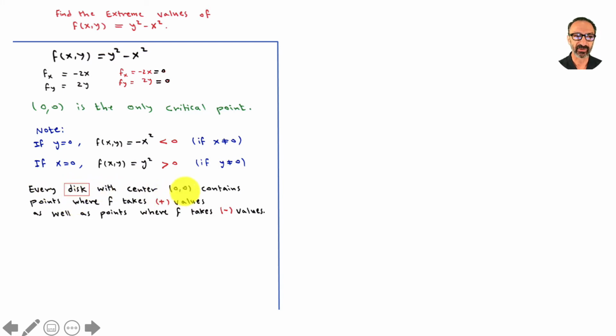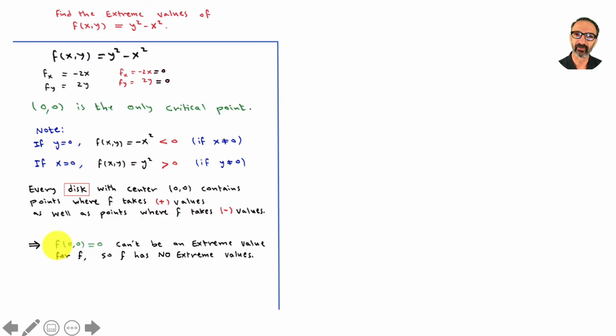Every disk with the center (0, 0) contains points where f takes positive values and takes negative values. So as you move, you're going to end up positive and negative depending on what type of values for x and y you're using.